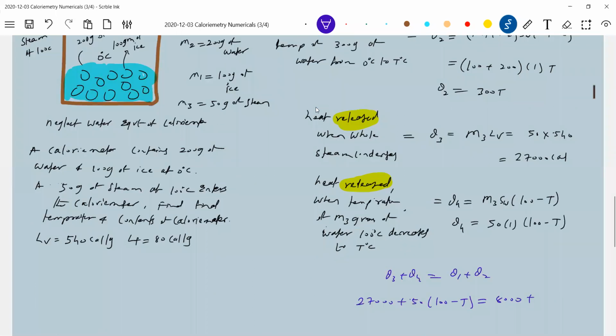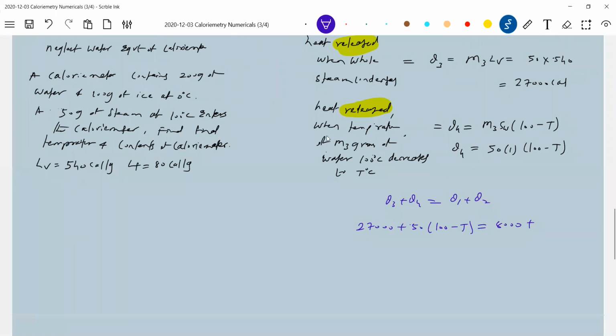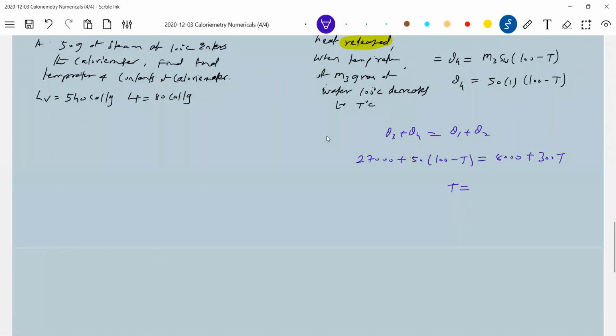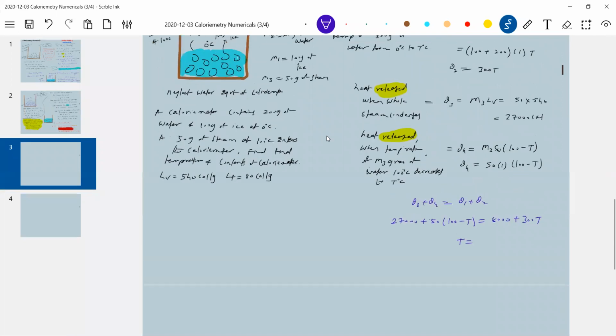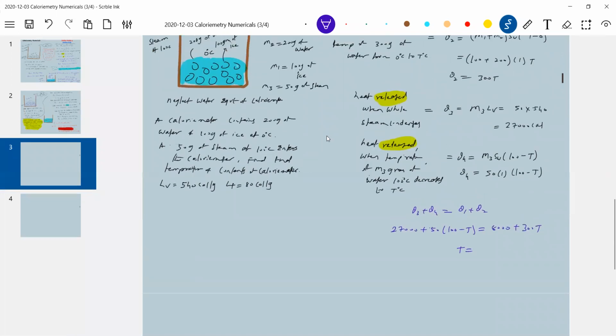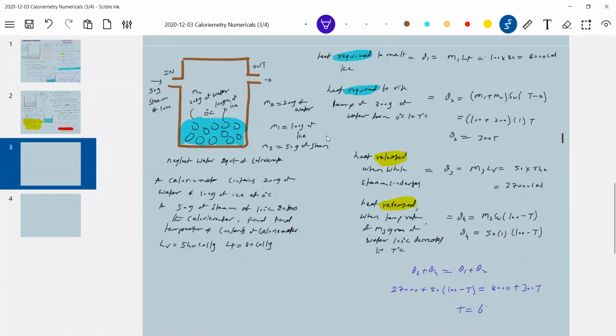Solve this, you'll get an expression for the temperature. Sir, 68.57. Final temperature 68.57. What will be the final content? 350 grams of water.